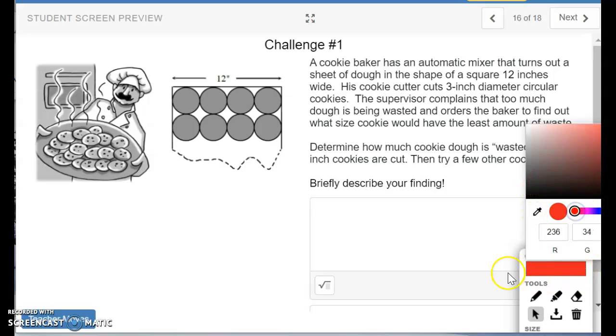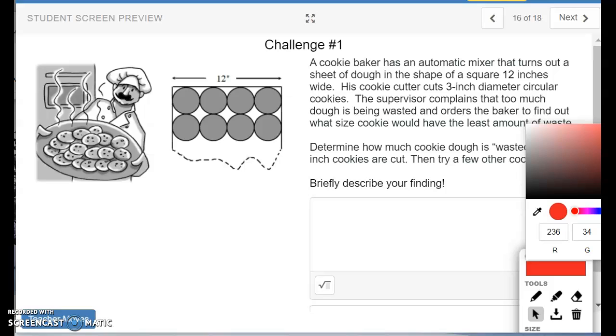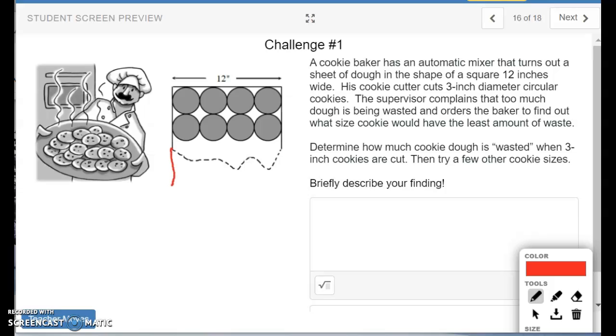Alright, so if you have 12-inch, to simplify this, let's make this a 12 by 12 inch square.